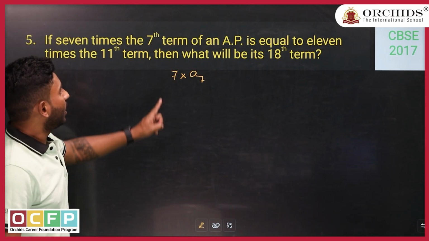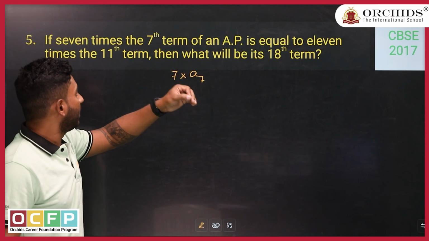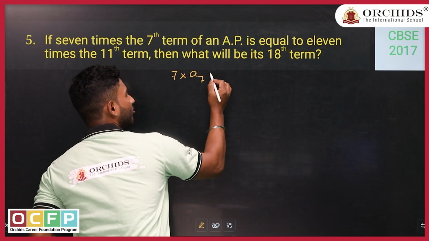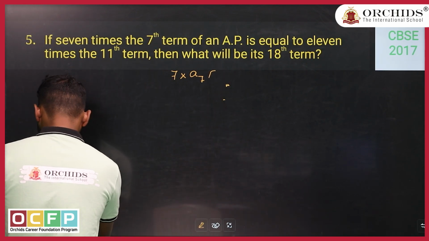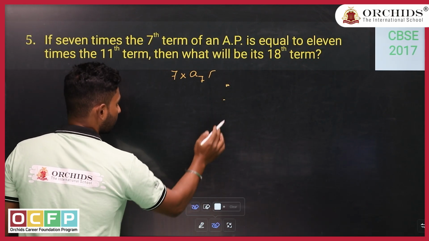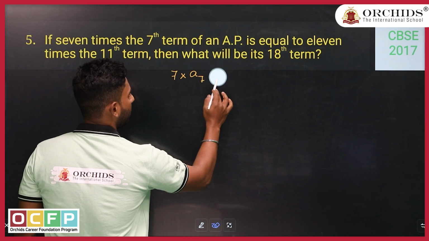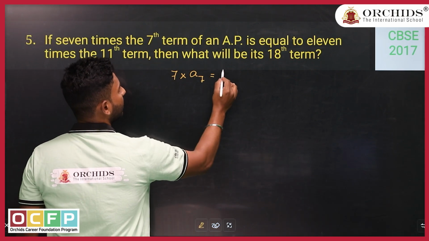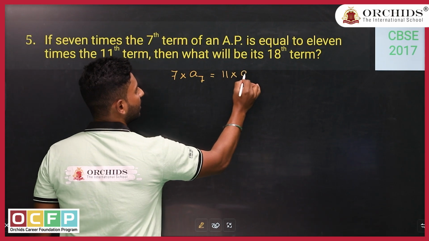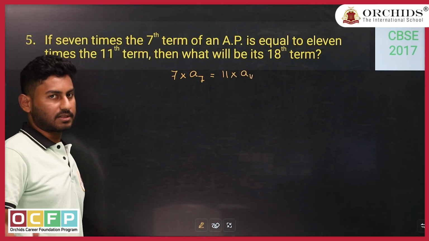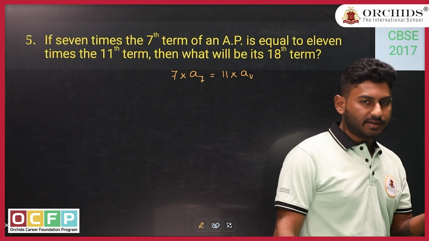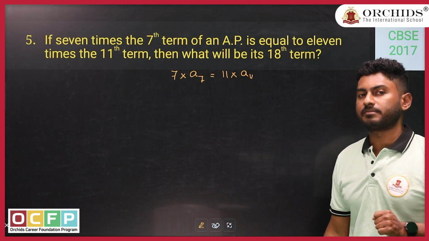Of an AP is equal to 11 times the 11th term. That's all is given. And we know nothing about the 18th term. They are asking about the 18th term.